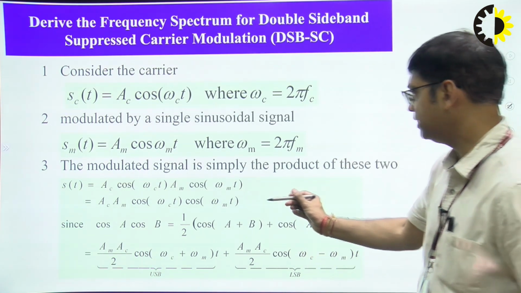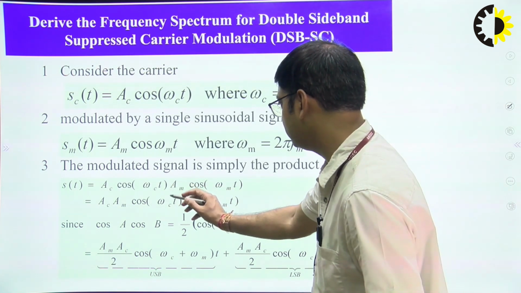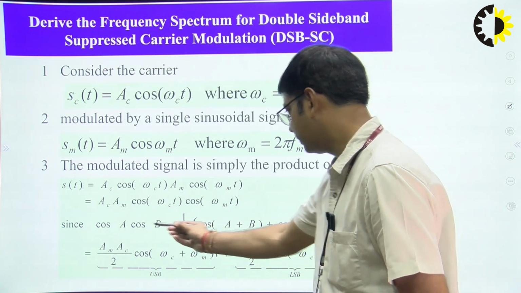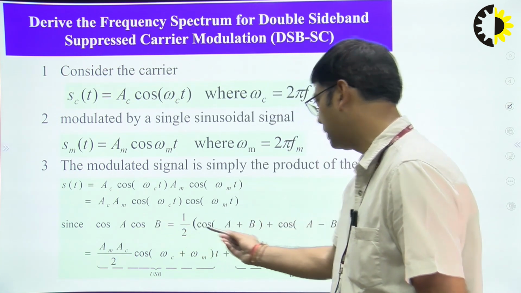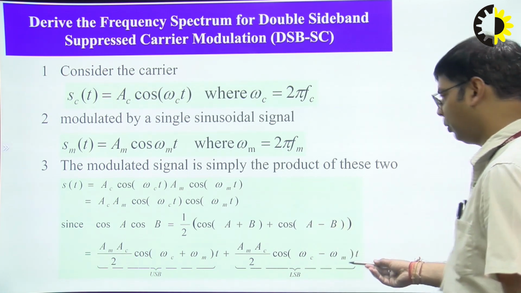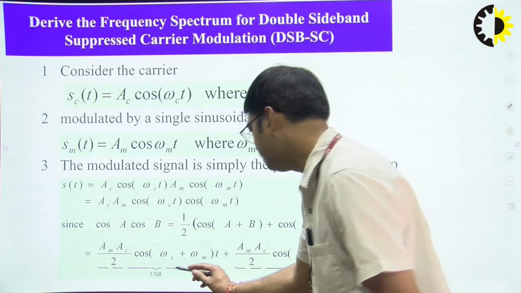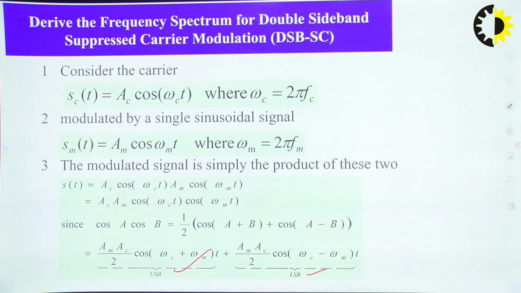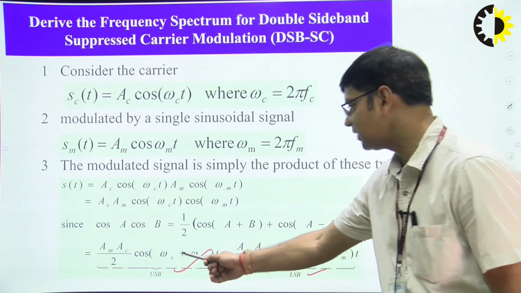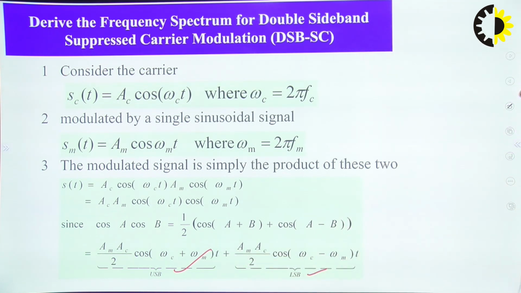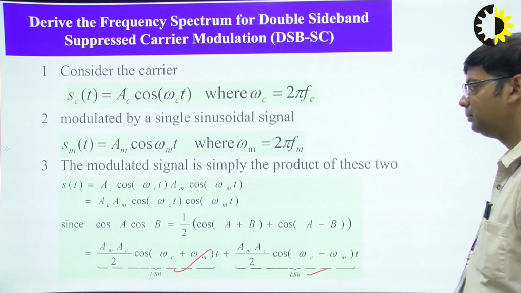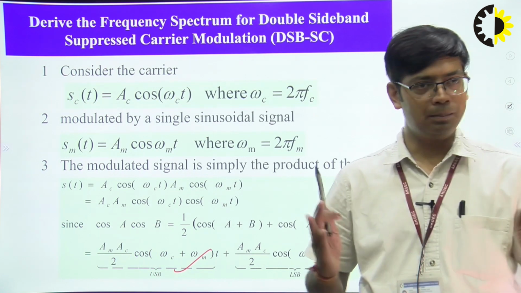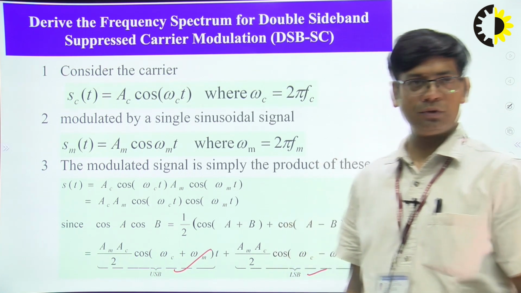So, we can see here that if we do the product of the carrier signal and the modulating signal, then by this formula for cos A cos B equal to cos(A plus B) plus cos(A minus B) whole divided by 2, from here we get the upper sideband and lower sideband, which have frequency of omega c plus omega m and omega c minus omega m, and there is no carrier here. We will see the complete circuit after 2 slides.